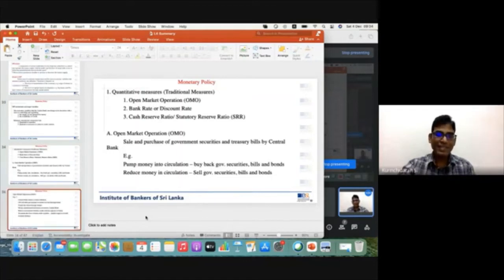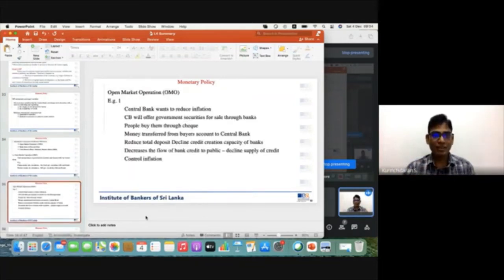Right? Let's assume I give an example. Now the central bank thinks inflation is increasing. Now the central bank wants to reduce the inflation. So then what should the central bank do? The central bank will offer government securities for sale through banks, right? So the central bank is going to sell government securities.